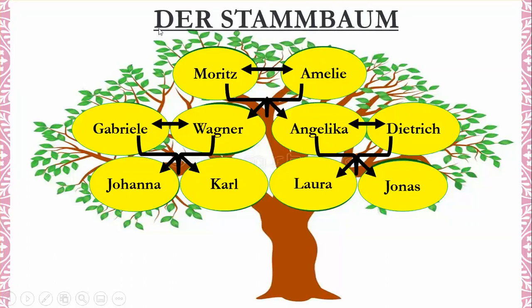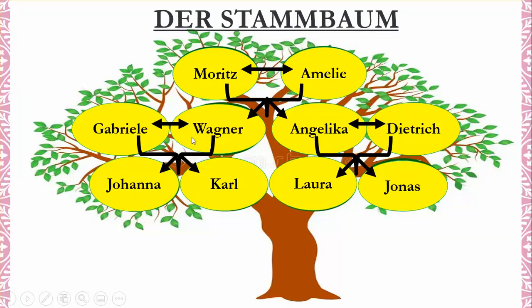So if you have a look at this Stammbaum, Moritz and Amelie are married and they have two children, Wagner and Angelika. Wagner is married to Gabriele and Angelika is married to Dietrich.